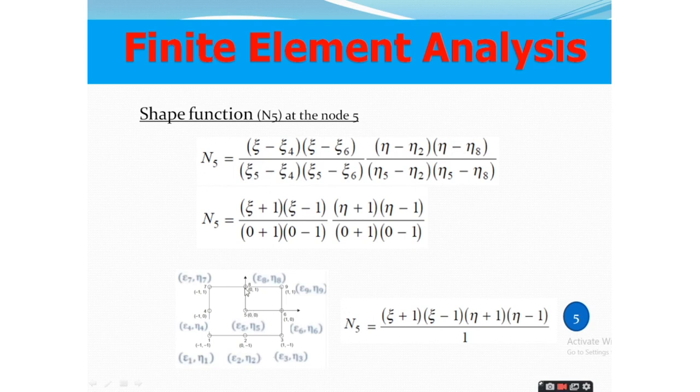Similarly, the denominators for the fifth node: eta5 minus eta4 and eta5 minus eta6, and in the psi direction, psi5 minus psi2 and psi5 minus psi8. Now you substitute the corresponding values written on the side of the element, and you will get the shape function: (eta + 1)(eta - 1)(psi + 1)(psi - 1) by 1.